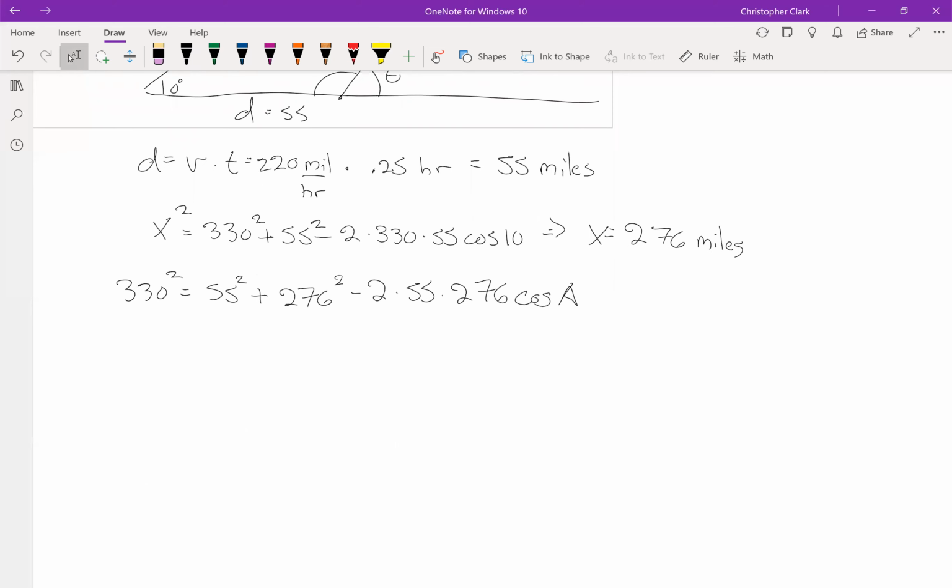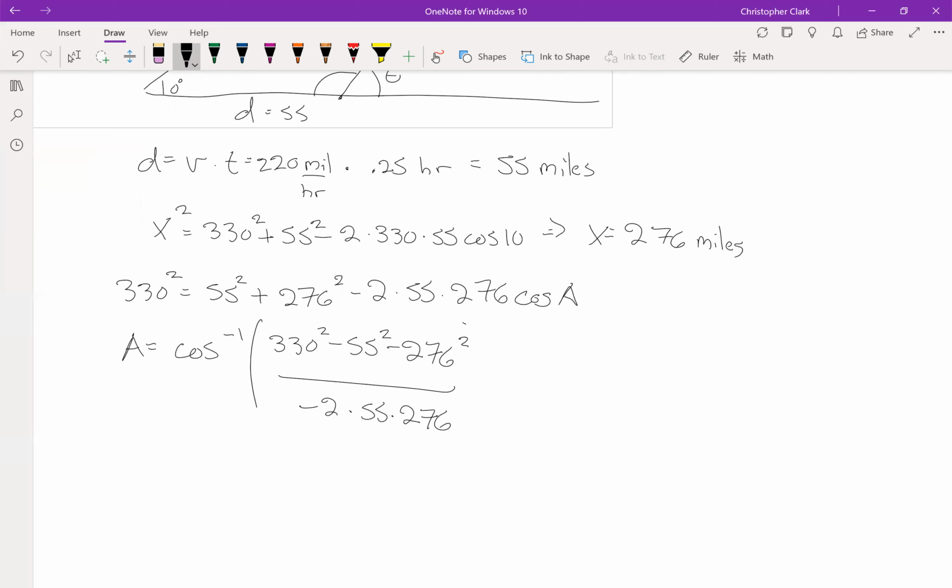So in this case, we will solve for A, and you get that A is cosine inverse of 330 squared minus 55 squared minus 276 squared over negative 2 times 55 times 276.